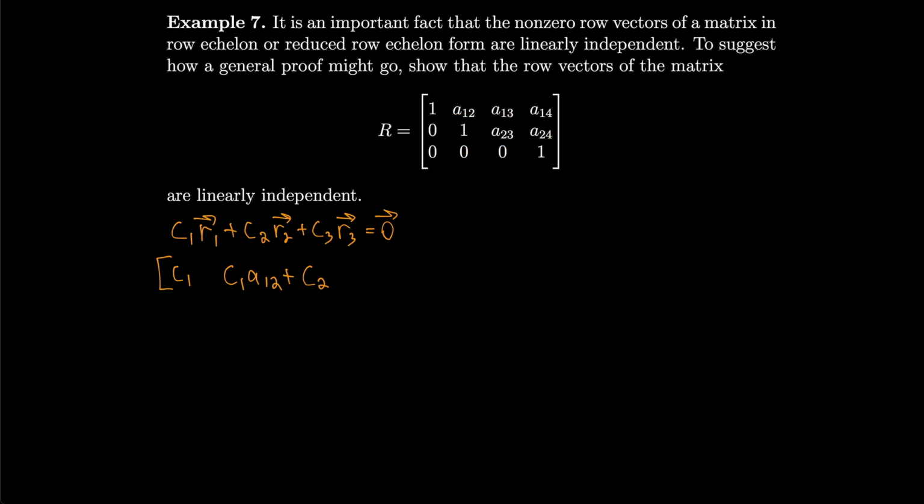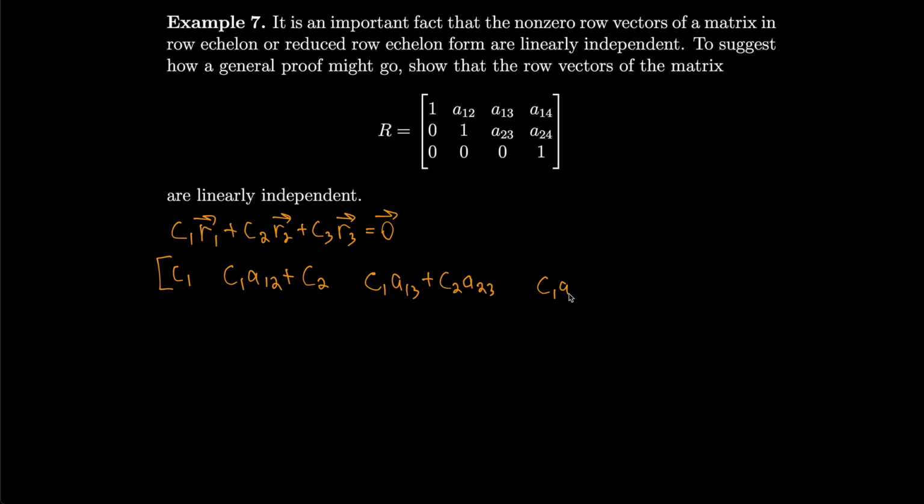So if I group those entries together, then that means that I have C1 times A12 plus 1 times C2 for this second entry over here. And then I'll have C1 times A13 for this, C2 times A23. And last but not least, I'll have C1, C2, C3 for each of those. Oh wait, no, we don't have a plus over there. This is a separate entry.